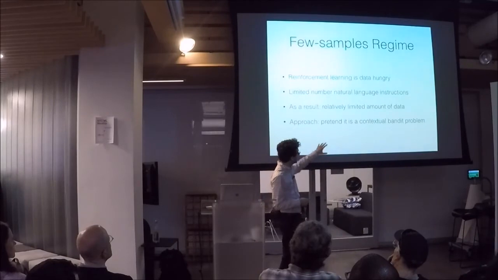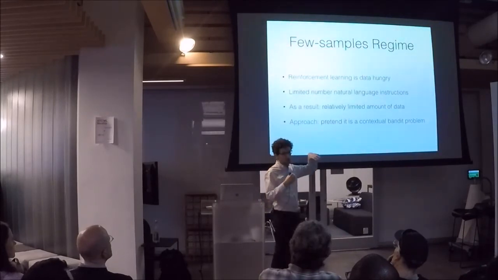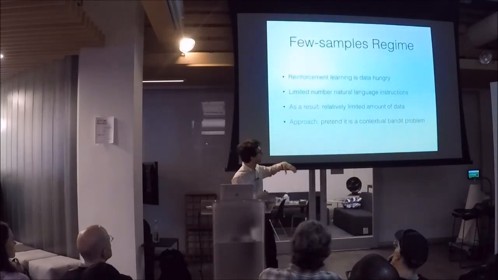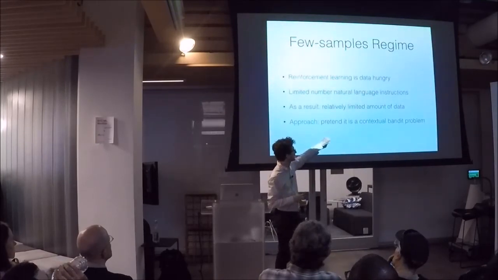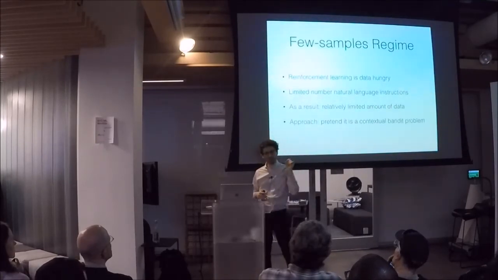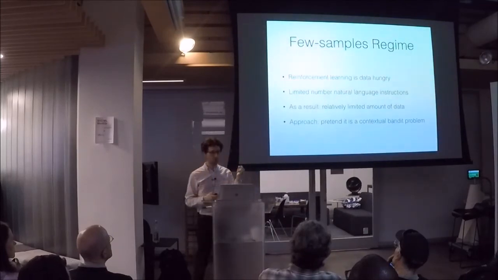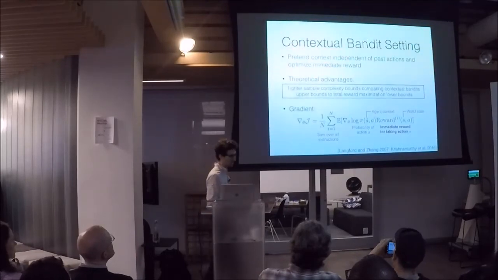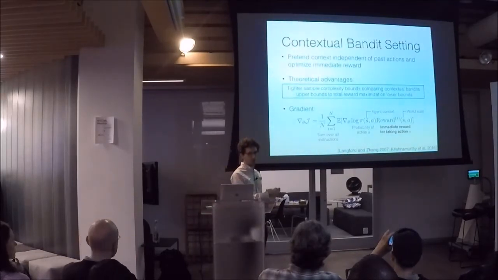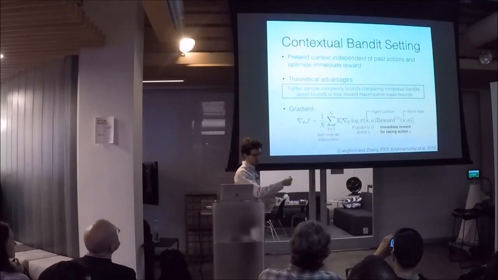So what we need to do is learn with much more limited data, and to do this, we break a lot of the nice reinforcement learning assumptions, and we pretend that what we have is a contextual bandit problem. Now, what does it mean that we have a contextual bandit problem? Very simple. It means that we are going to start maximizing the immediate reward rather than the total expected reward.